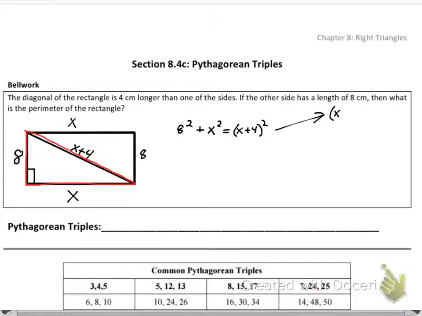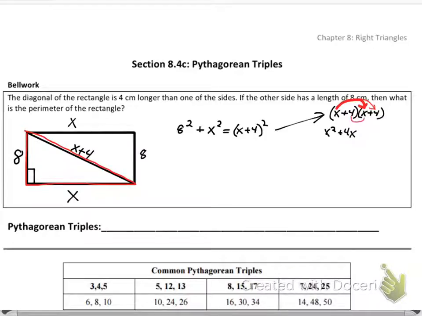Well, just some quick side work to make sure you did this correctly. This would be x plus 4 times x plus 4. Let's do all the work really quick. I do x times x, which would give me x squared. I would do x times 4, which would give me 4x.